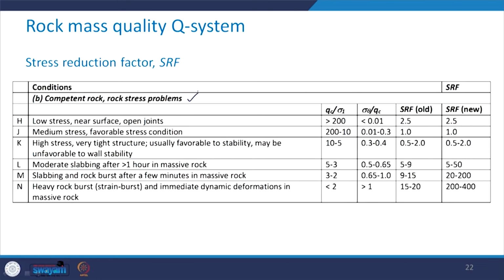When you have low stress near the surface with open joints, then the rating is 2.5, and this ratio QC upon sigma 1 is more than 200 in this case. In the worst case when you have heavy rock burst or strain burst, which is a sudden release of the energy and immediate dynamic deformations in the massive rock mass, the SRF goes from 200 to 400.